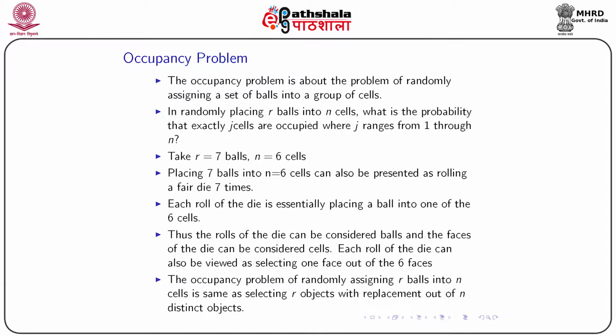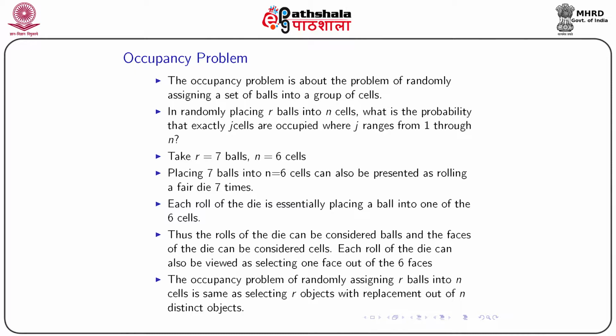The occupancy problem is about randomly assigning a set of balls into a group of cells. So we will have some cells and we have a set of balls. Now one may ask: in randomly placing r balls into n cells, what is the probability that exactly j cells are occupied, where j ranges from 1 through n?